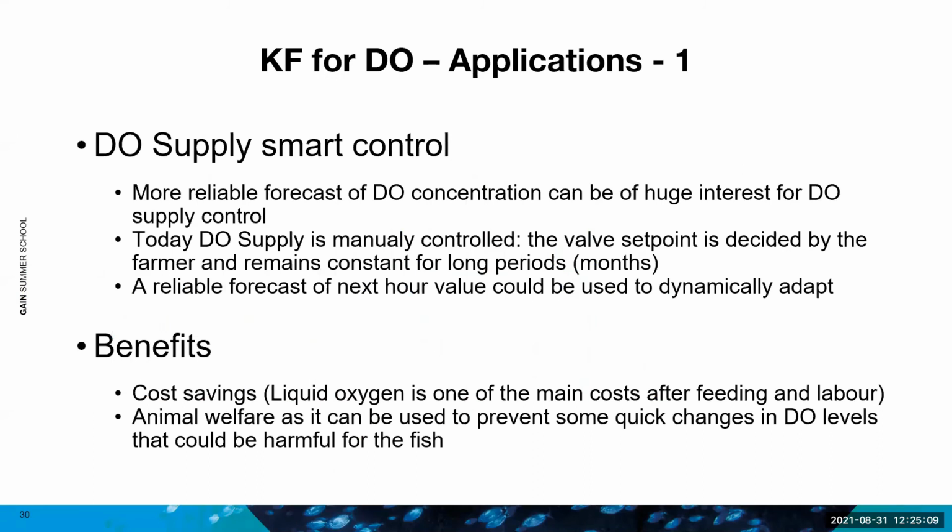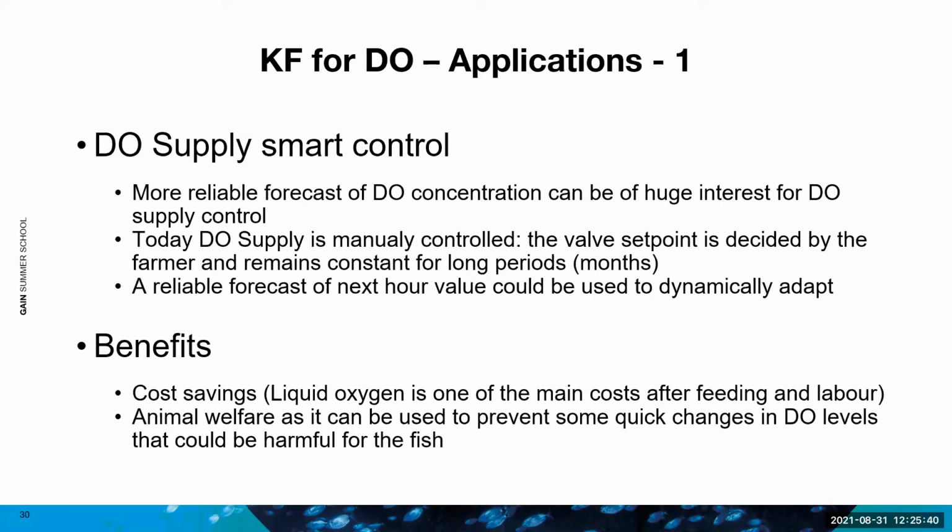Three examples of applications. Of course, the first thing you can do with this kind of method in dissolved oxygen, you can think about a smart control of dissolved oxygen supply, because you have a more reliable forecast of dissolved oxygen concentration. Today the oxygen supply is fixed by the farmer, and it remains the same for a long period.